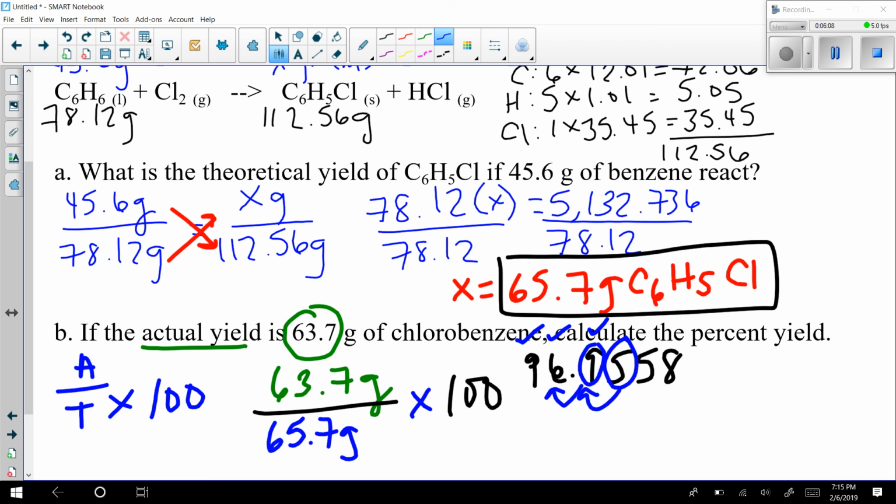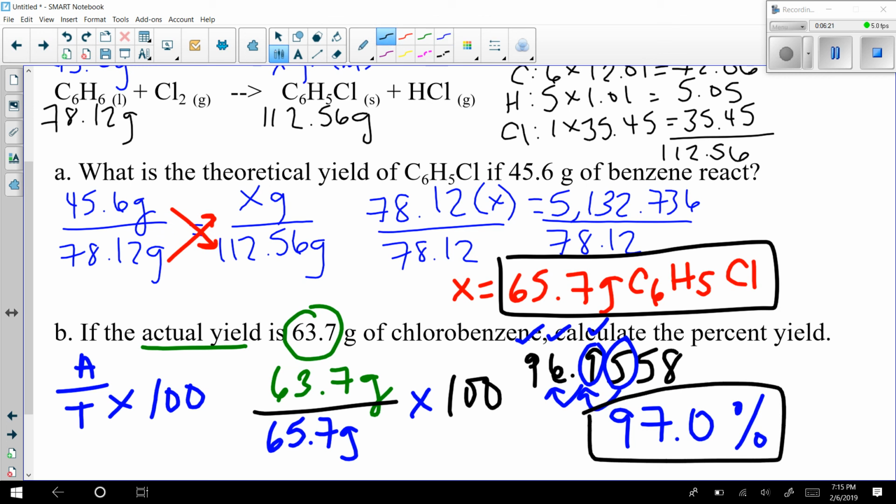So our final percent yield for this problem is 97.0 for 3 sig figs percent yield. And that is our percent yield of chlorobenzene when 45.6 grams reacts and we only get 63.7 grams produced from the actual reaction.